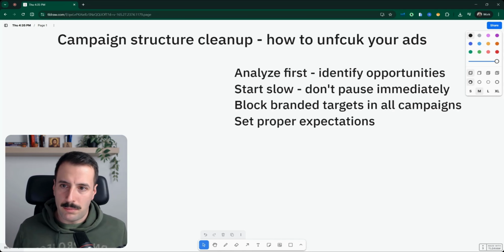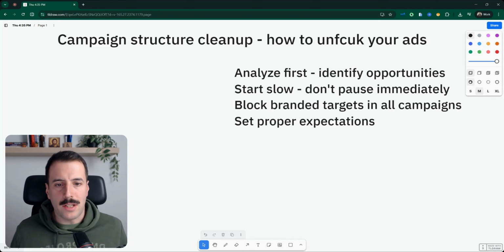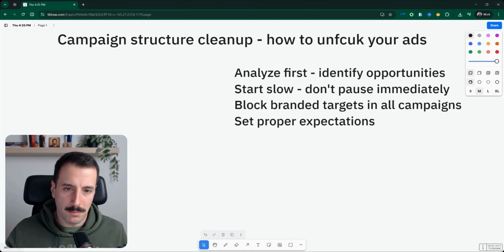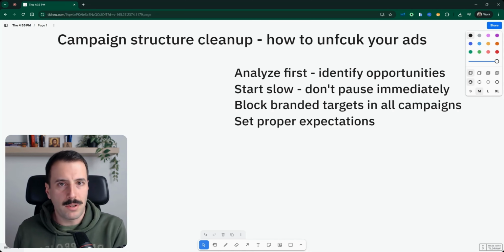Also, one of the most important things, and I don't know why, but I still keep seeing this, is that you're getting sales all over the place, branded sales. You have campaigns targeting competitors, you have campaigns targeting your most important keywords in your subcategory, and when you dive deep into search terms, you realize that a lot of those sales are coming from your brand terms, from your brand name plus the product or some of the most important keywords.